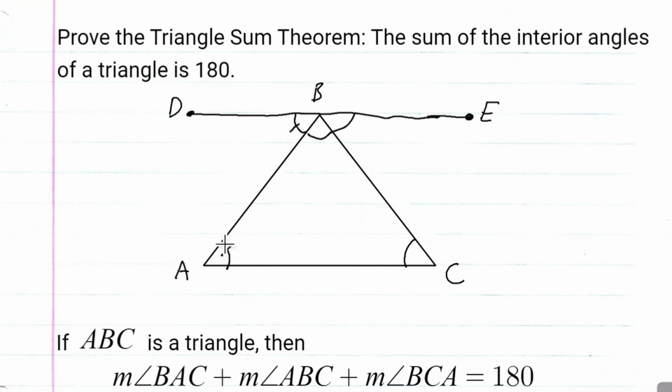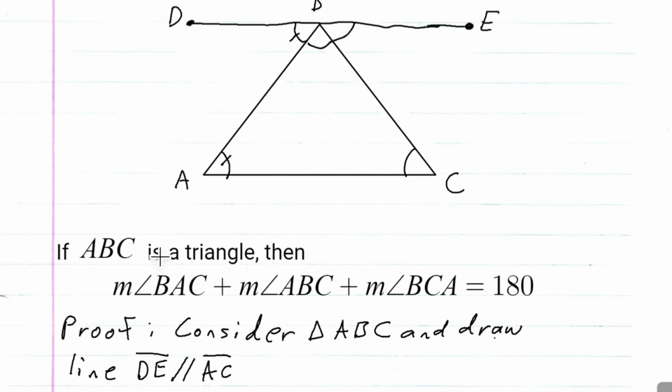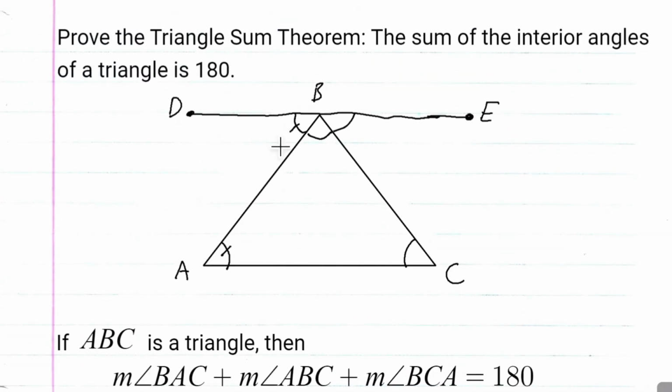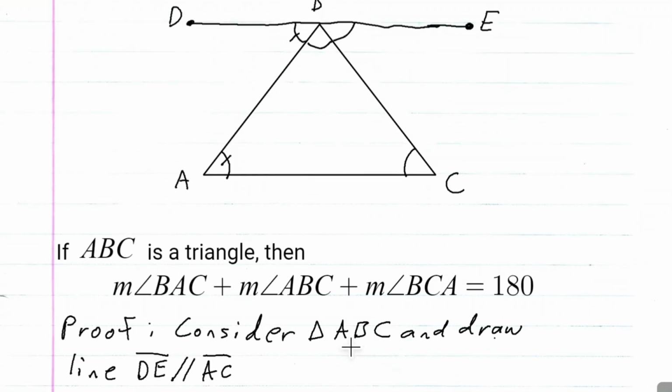So by AIA, the measure of angle DBA is equal to the measure of angle BAC.